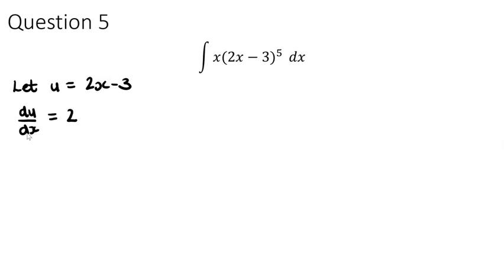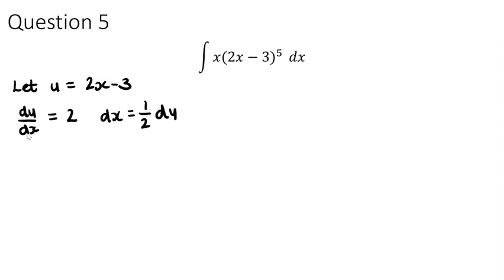Sometimes you'll actually spot the du by dx within it. Not here, but occasionally that does happen. So what that means is we can replace the bit in the bracket with a u. We can rearrange du by dx equals 2 to get dx equals a half du.